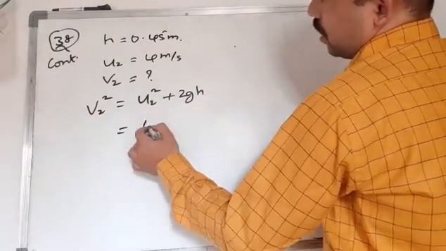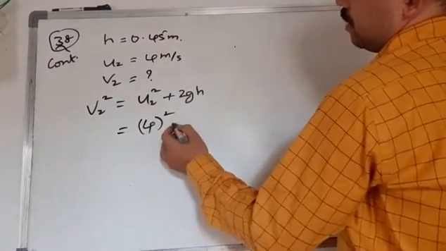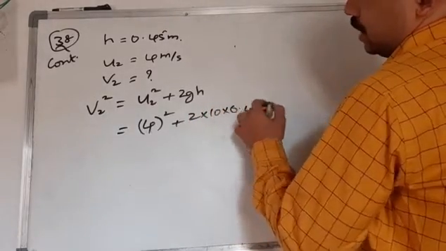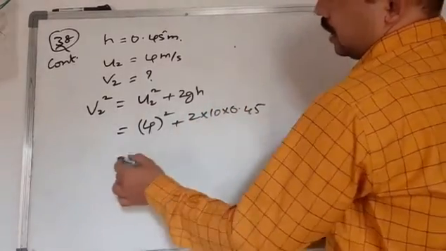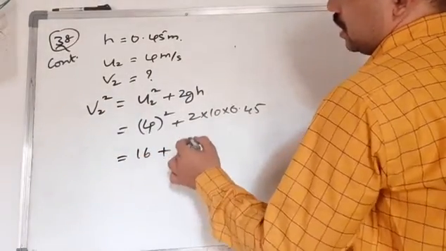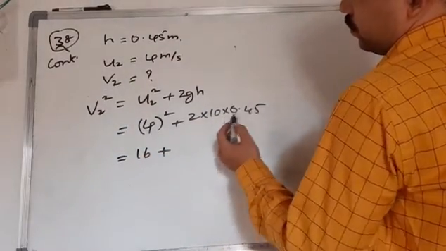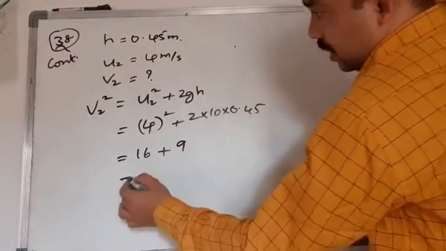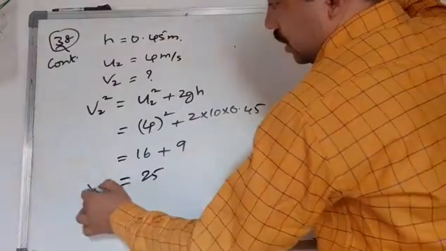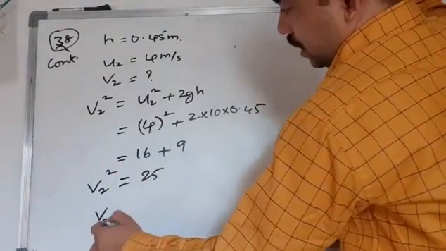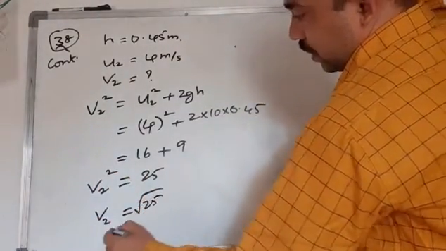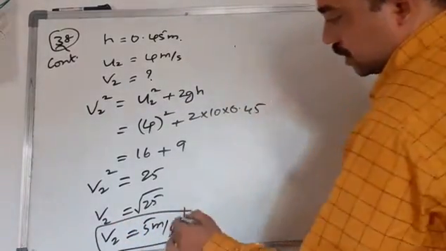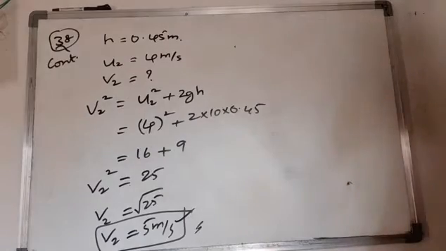So u2 square means 4 square plus 2 into 10 into 0.45. So we get 16 plus 20 into 0.45, which is 9. So 25 you will get. So v2 square is equal to 25, v2 is equal to root over 25, so v2 is equal to 5 meter per second. This is our answer.